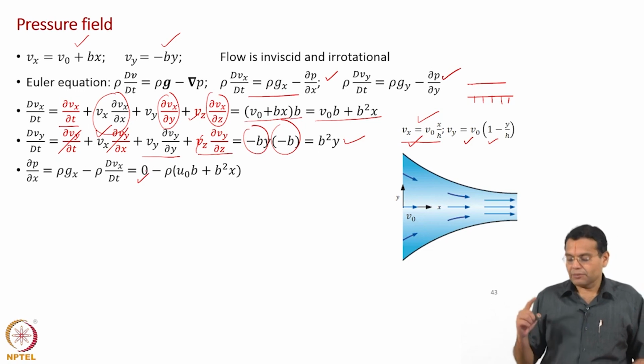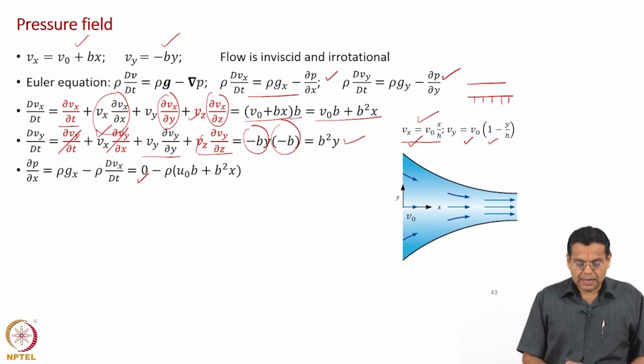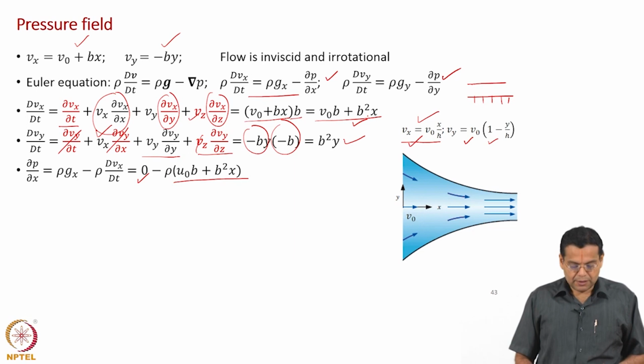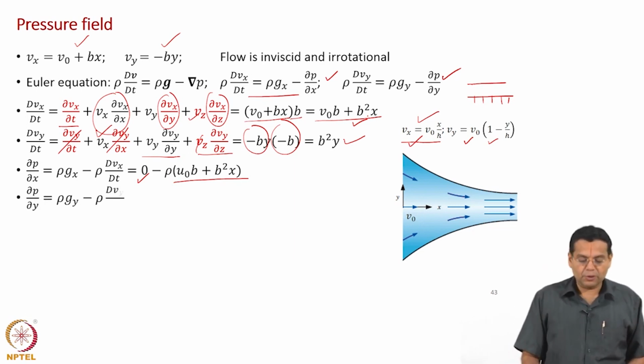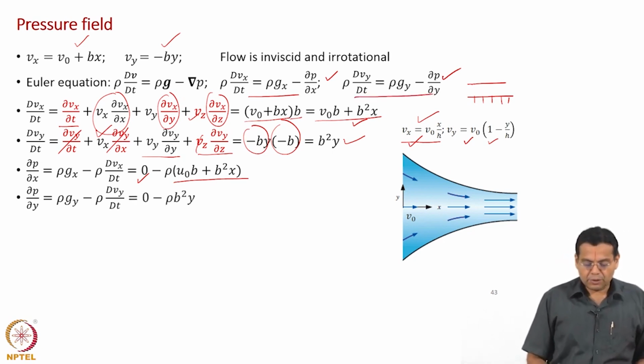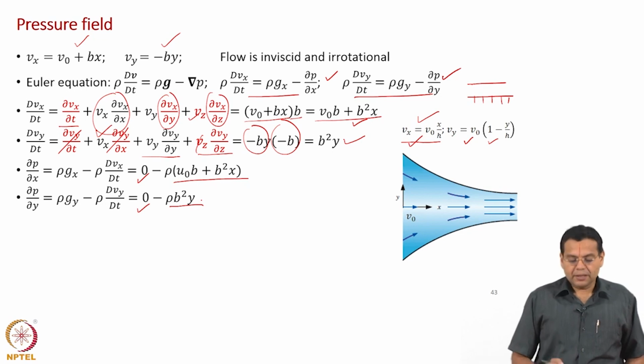We are considering gravity only in the z direction, so g x is 0, and minus rho into dVx by dt, which I have found out here, which is V naught b plus b squared x. And then what about dou p by dou y? Rearrange this equation, rho g y is 0, g y is 0, and then minus rho into dVy by dt, which is b squared y. Okay. So, now we have evaluated the gradient of pressure in the x direction and the y direction.